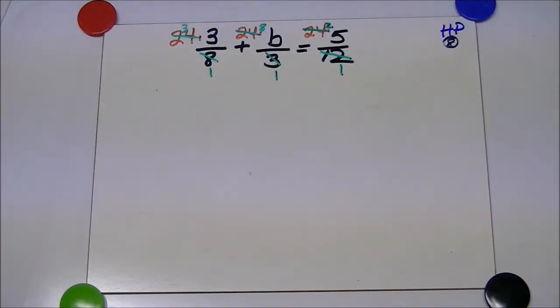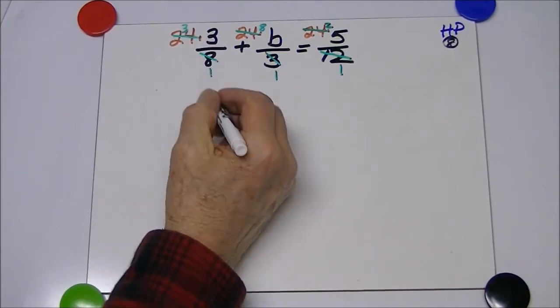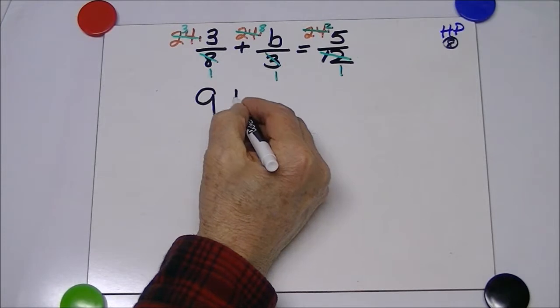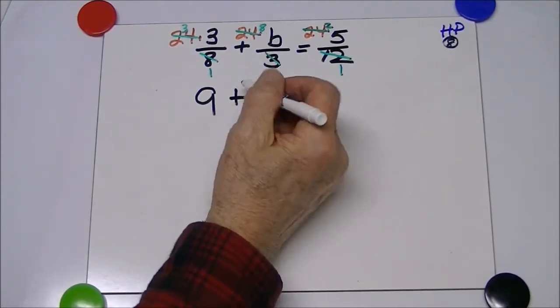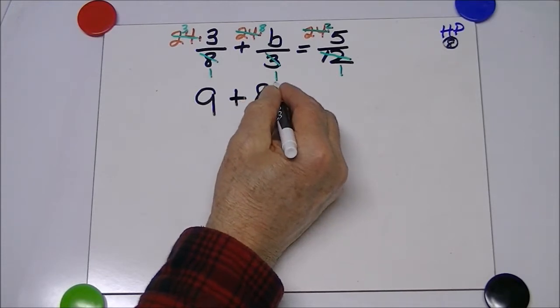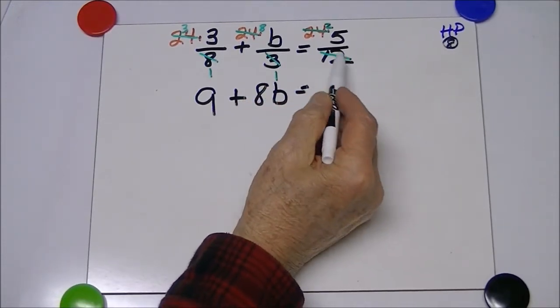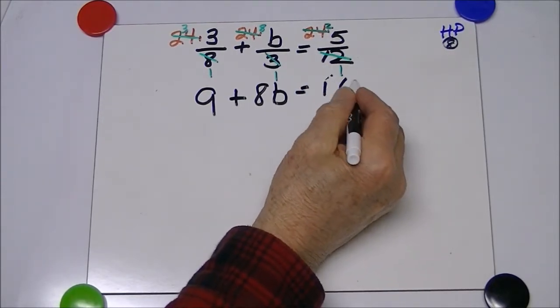Well, you're going to multiply through, and you get 3 times 3 is 9, and it should look something like this, plus 8 times b is 8b, and now 2 times 5 is 10.